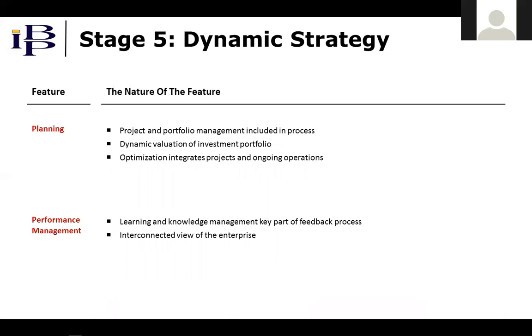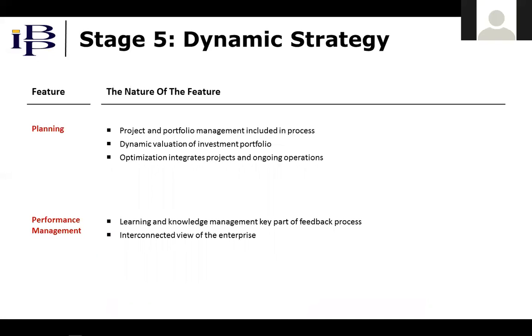Now we're at the state where we're really able to manage the introduction of change into a business. So our project and portfolio management system is included in a rolling forecast process. We're now able to do dynamic valuation of our investment portfolio, and our optimization integrates projects and ongoing operations.